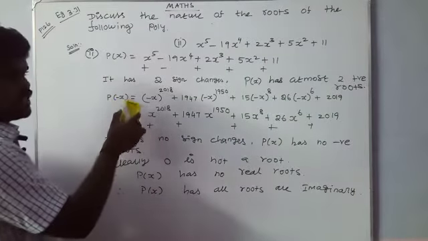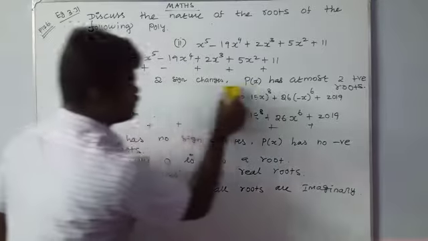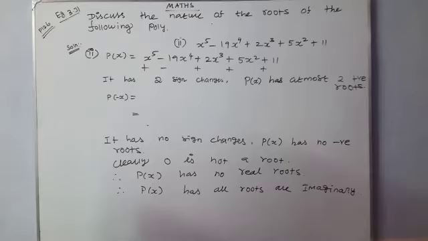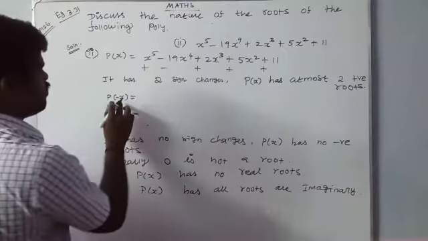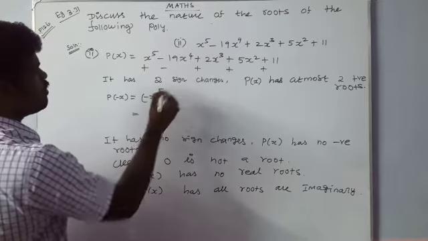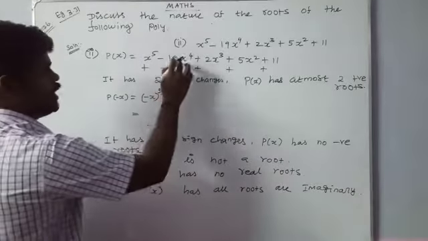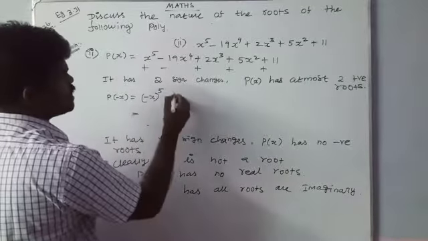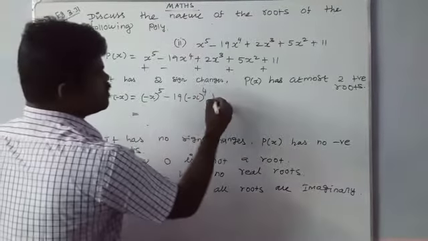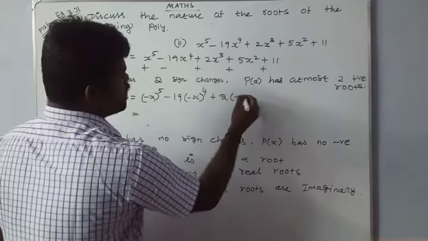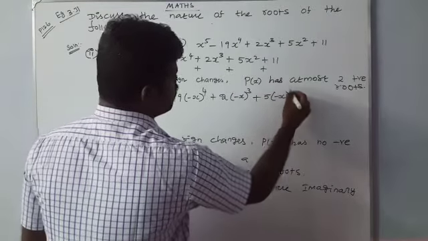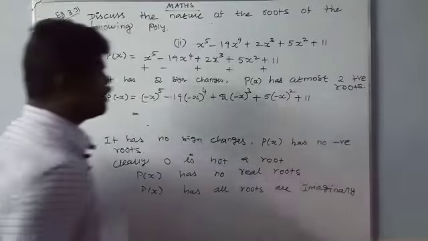And p of minus x, we want to find p of minus x. P of minus x is minus x whole power 5, applying x by minus x, minus 19 into minus x whole power 4, plus 2 into minus x whole cube, plus 5 into minus x whole squared, plus 11.